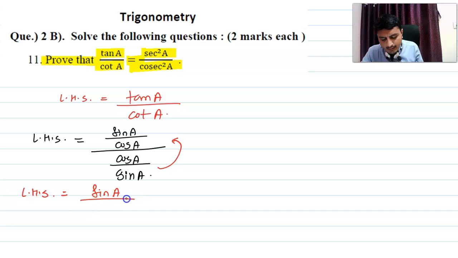That means the simplified LHS is of the form sin A upon cos A into sin A upon cos A.